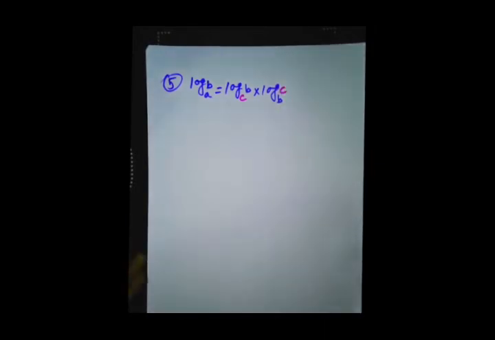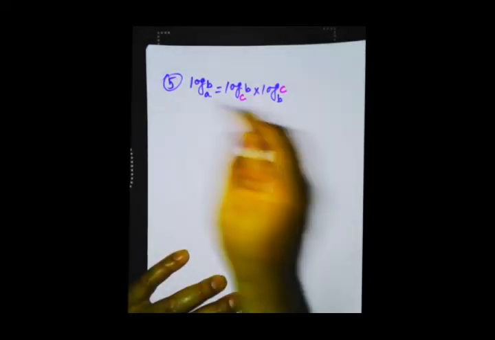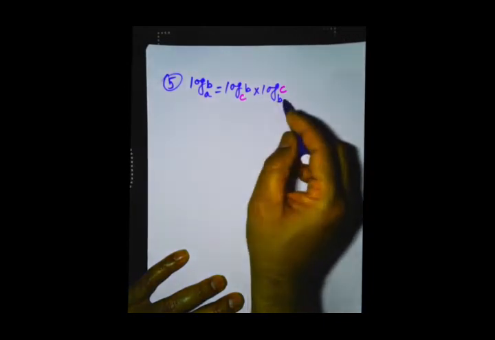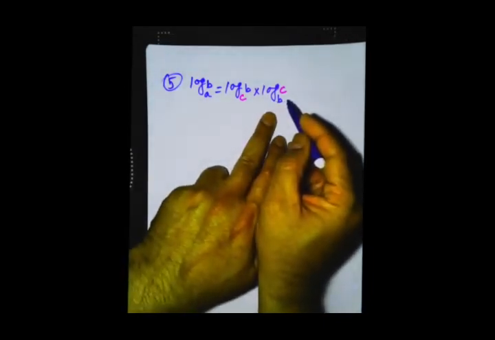So another property of the logarithm is like that. You can insert a lot of numbers between b and c, and if you keep on making a chain of such logarithms, then that will be true.